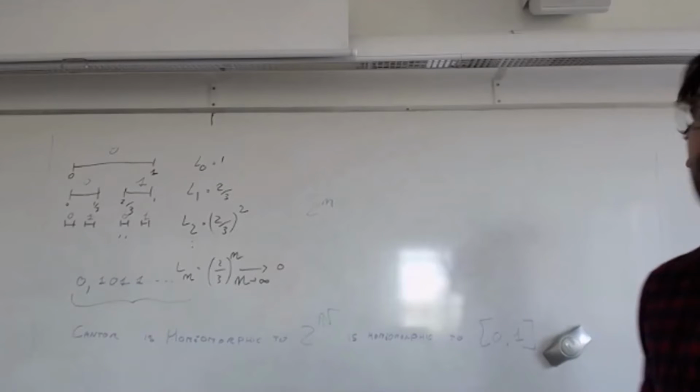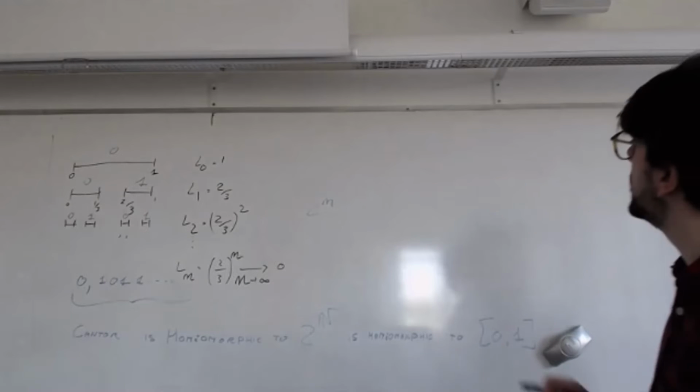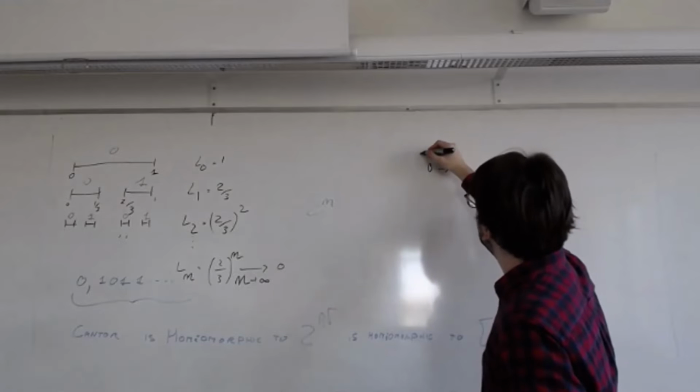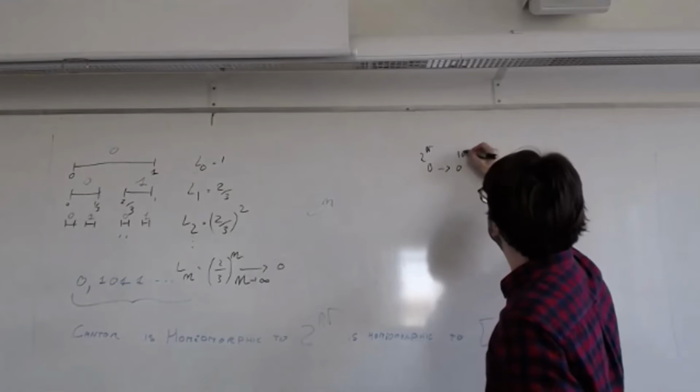Don't let me calculate it right now, but I mean, you have 0, this is binary, and this is decimal.